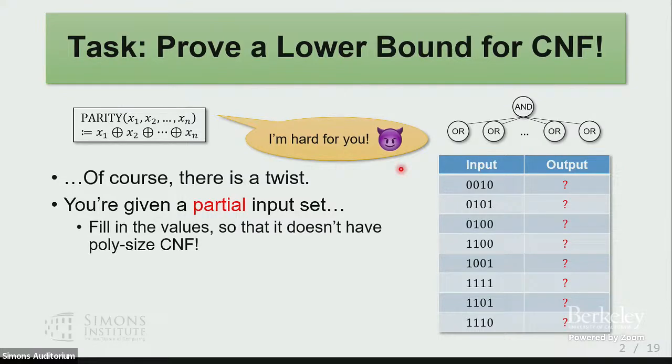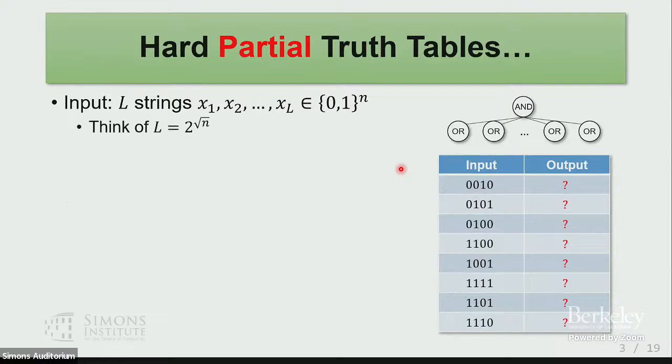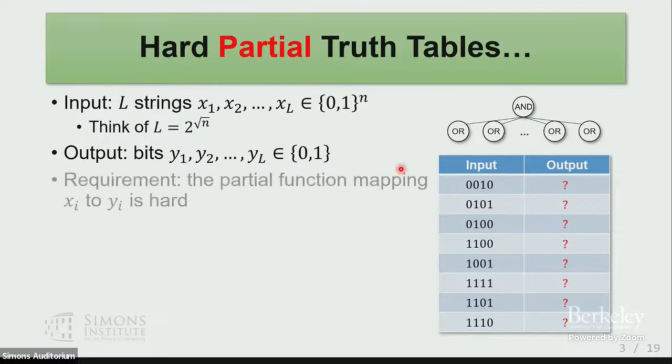This is a computational problem where you get as input L strings of length n. You can think of L as something between poly(n) and 2^n, and for concreteness, think of it as sub-exponential in n. Your output will be bits y_1 up to y_L, which are bits used to fill in the question marks.